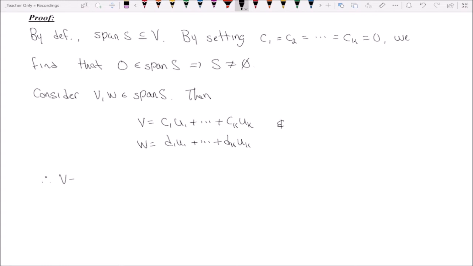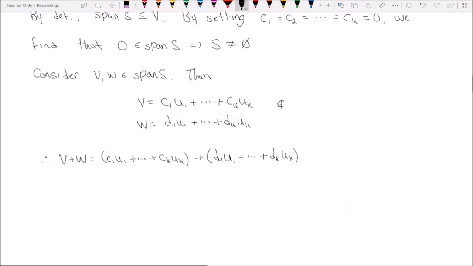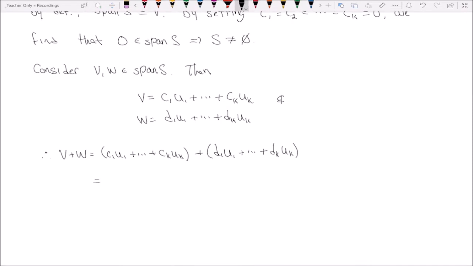So we can write V plus W as C1U1 plus so on and so forth plus CK UK, and then plus D1U1 plus so on and so forth plus DK UK. Grouping terms together, we can write this as (C1 plus D1) times U1 plus so on and so forth (CK plus DK) times UK.